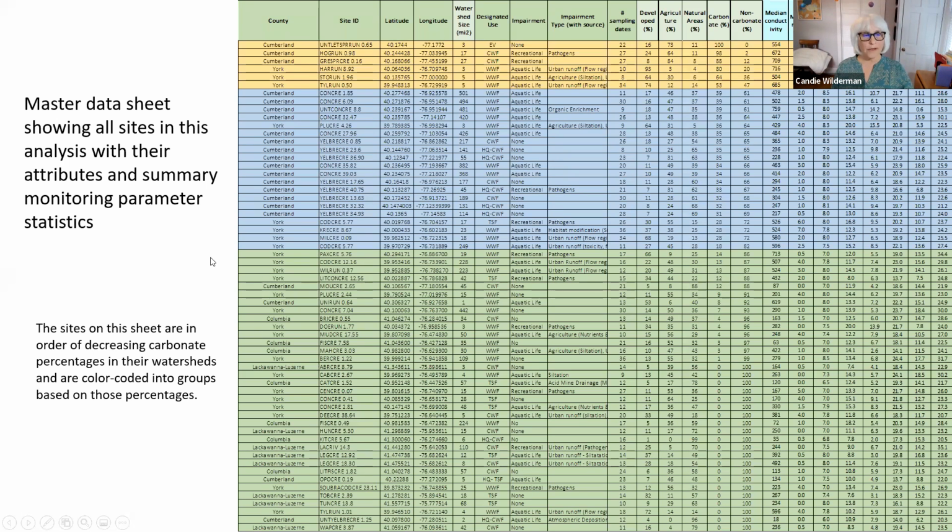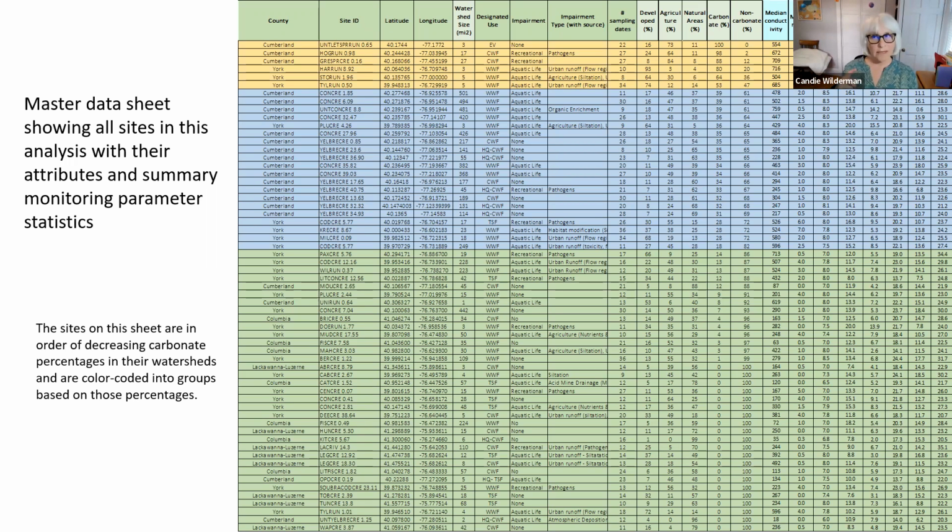So we have here the county, and unfortunately on my screen I can't see these headings, but then the site ID, latitude, longitude, and so on. The light green column headings are the watershed attributes, things like the size of the watershed and the land use and the geology. Whereas the blue, the turquoise column headings are the water quality parameters that you guys measured in the stream.